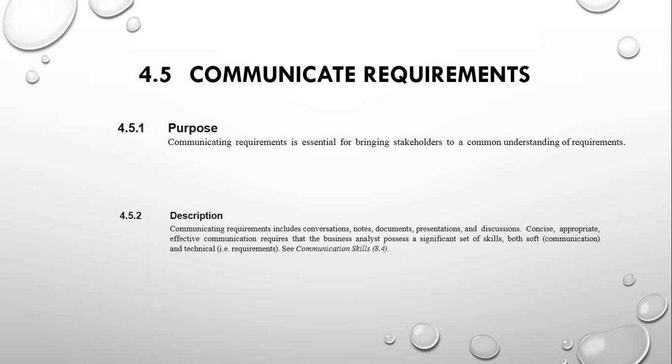Now, what is the description? Communicating requirements includes conversation, notes, documents, presentations, and discussion. Concise, appropriate, effective communication requires that the business analyst process a significant set of skills, both soft as well as technical.